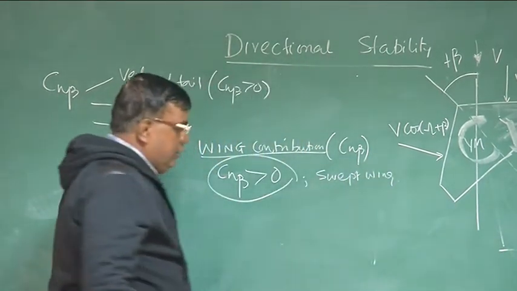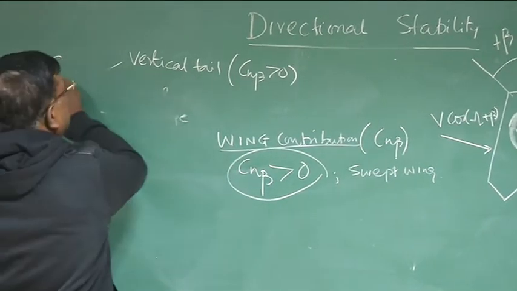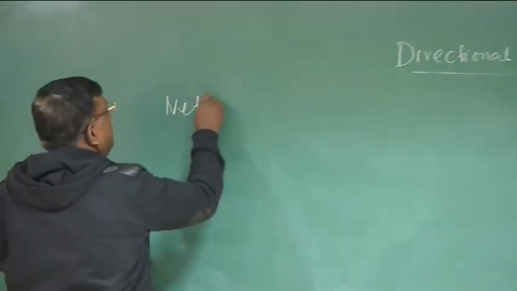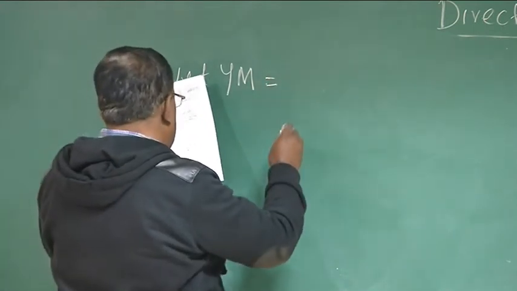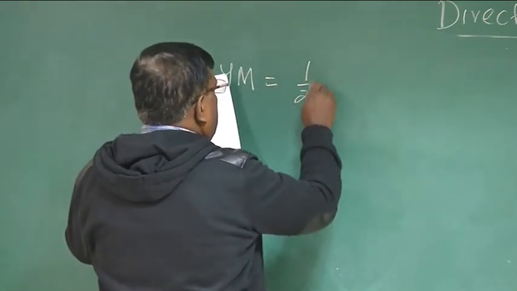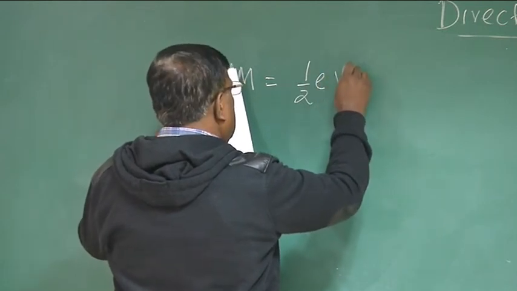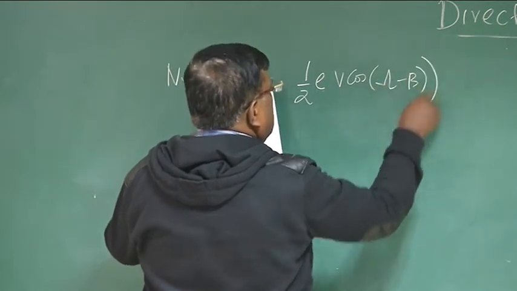And I will not derive the expression fully, but I can write it, and you should do it yourself to get the final result. So the net yawing moment will be nothing but half rho V cos(lambda minus beta) whole square.